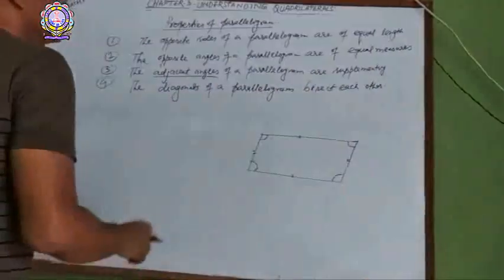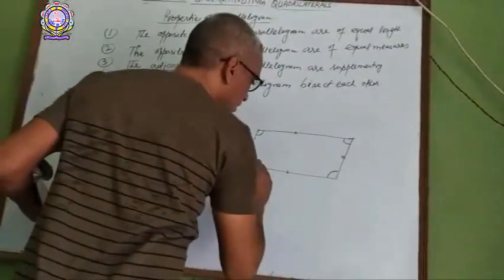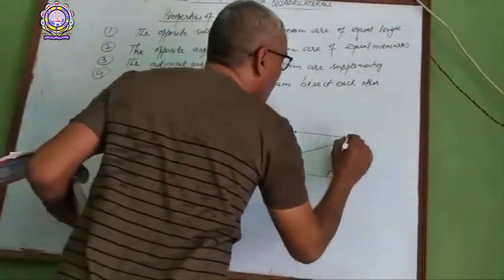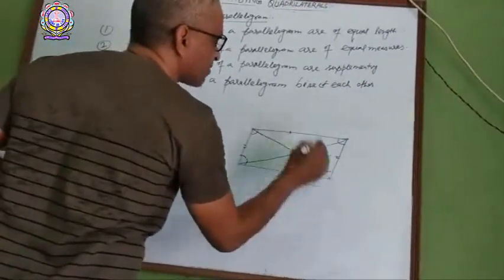Okay, this property means this is one diagonal of the parallelogram and this is the other diagonal of the parallelogram.